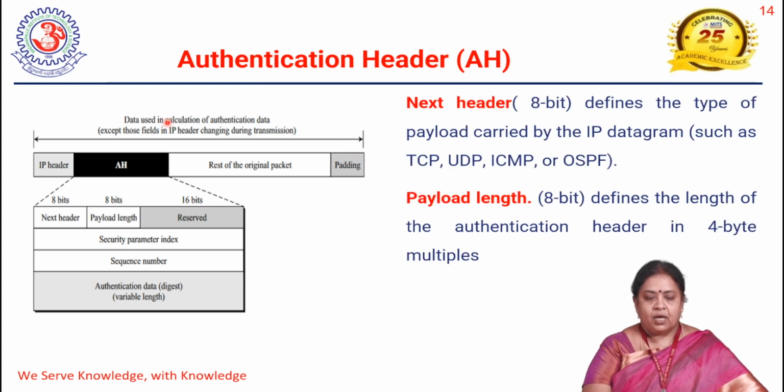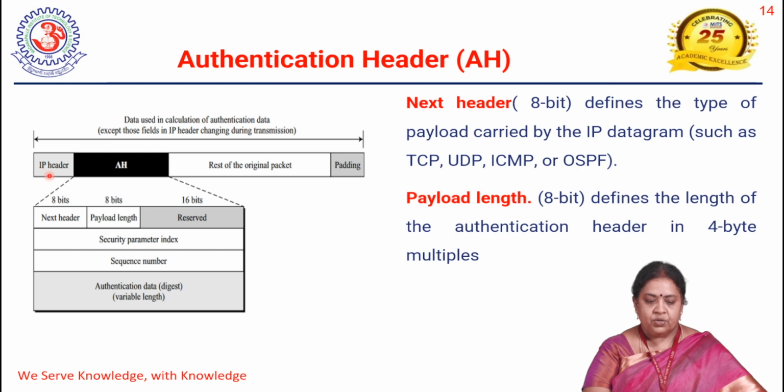Next, we are going to discuss the fields of the authentication header. The first field is called next header, which is 8 bits. What this next header contains is, in the IP header there is a field called the protocol field.